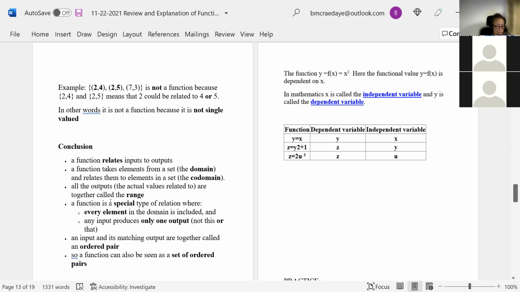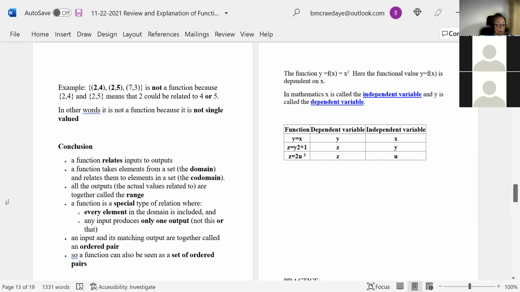A function is a special type of relation where every element in the domain is included. If you have xy pairs, you have to include all of the x values, and they only produce one output. If not every input has a matching output, then it's not a function.